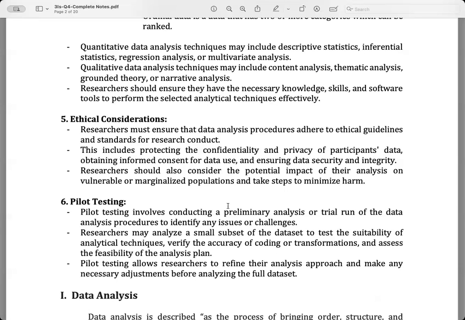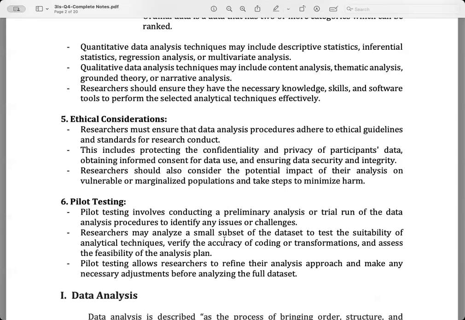And if there are outliers or inconsistencies, you may look back into your data set and probably go back again with your data collection to ensure that your data is consistent, valid, and accurate. Likewise, this pilot testing allows you, the researchers, to refine your analysis approach and make any necessary adjustments before analyzing the full data set.